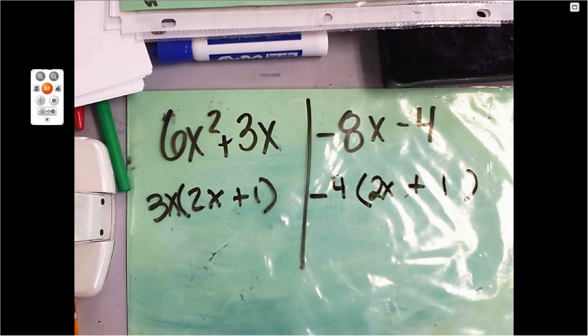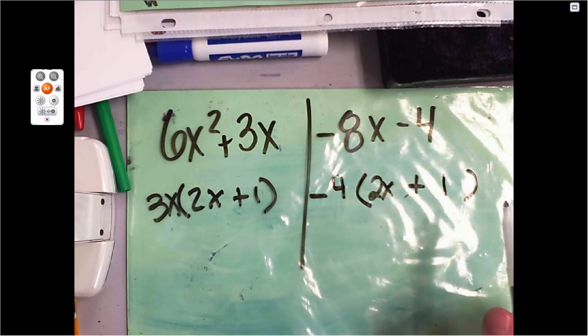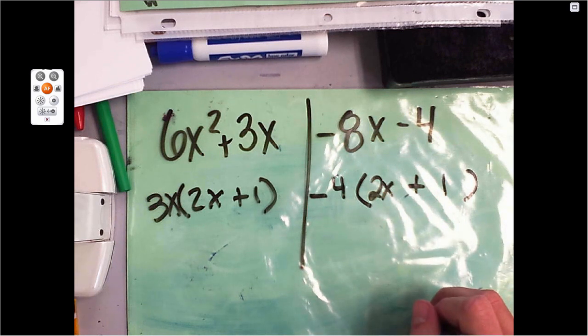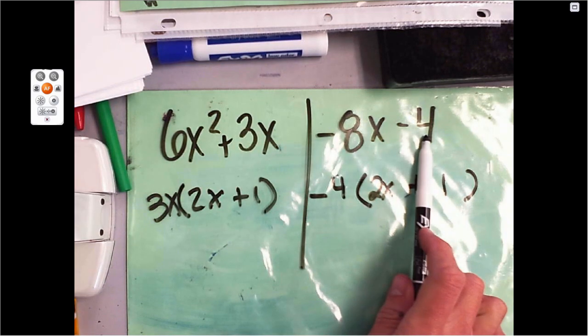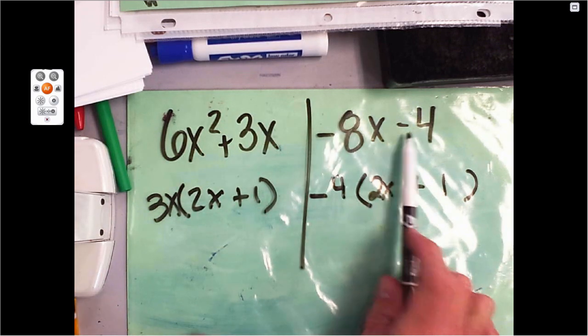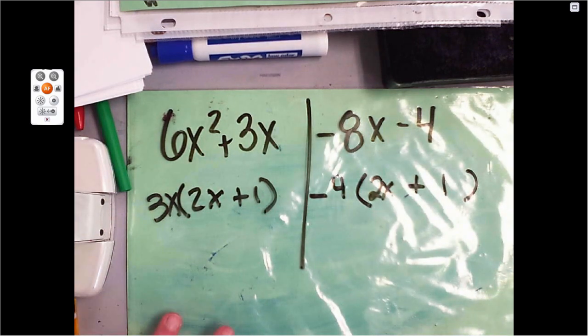With what we're doing today, they're going to look very similar to this. Everybody pay attention. You're going to have 4 sections. We're going to split it into 2. This has a natural check.